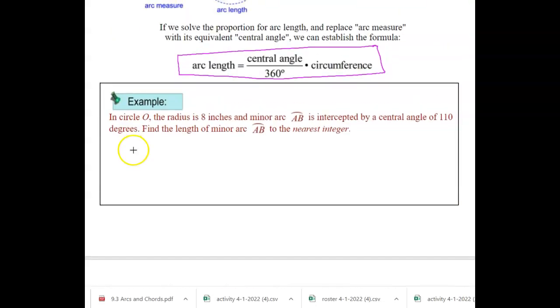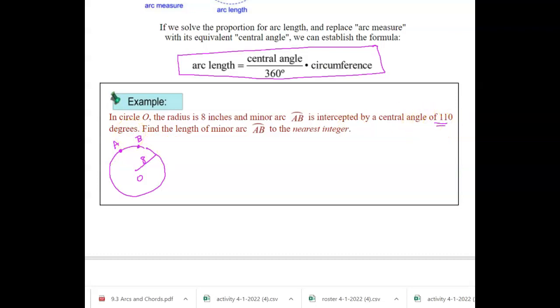If we have circle O, I'm just going to go ahead and draw it. We've got a radius of 8, and you don't need a picture if you don't need it. Minor arc AB is intercepted by a central angle of 110. Let's make this a little bigger so it looks kind of like this picture.